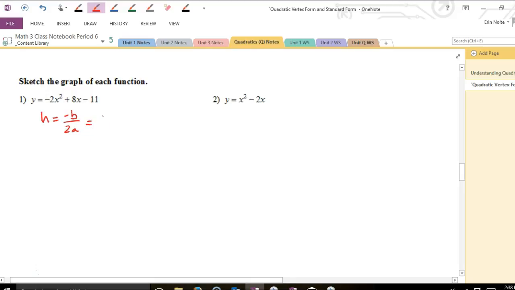Looking at my standard form, what is the negative b value? Negative 8. So I have negative 8 over 2 times, what's my a value? Negative 2. I can simplify that. That gives me negative 8 over negative 4, which reduces to 2. So that means the h value of my vertex is 2. All right, that's good. Now, how do I find the k?